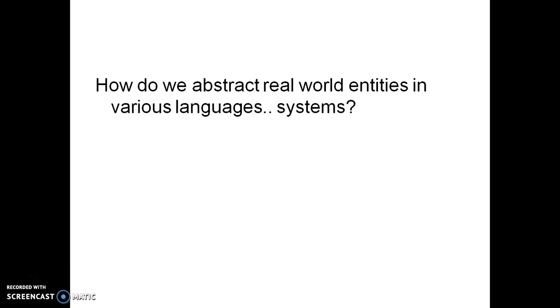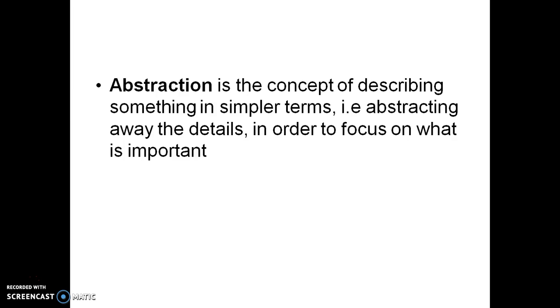So, one more question. How do we abstract real-world entities into various languages and systems like databases or languages like C++? This concept is called abstraction, and it's a simple way of describing a real-world entity equivalently in a software world like C++. The idea here is to abstract away the details in order to be able to focus on what is important.